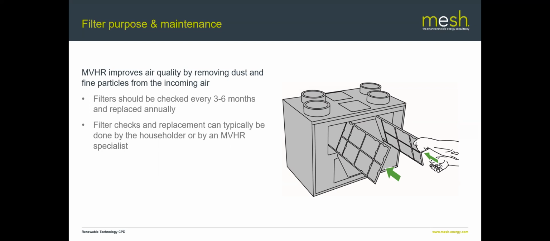Filter replacement is fairly straightforward and can typically be done by the householder, but most MVHR installation companies will offer a service agreement with the system. The cost of the replacement filters themselves is typically around £50 for the system.